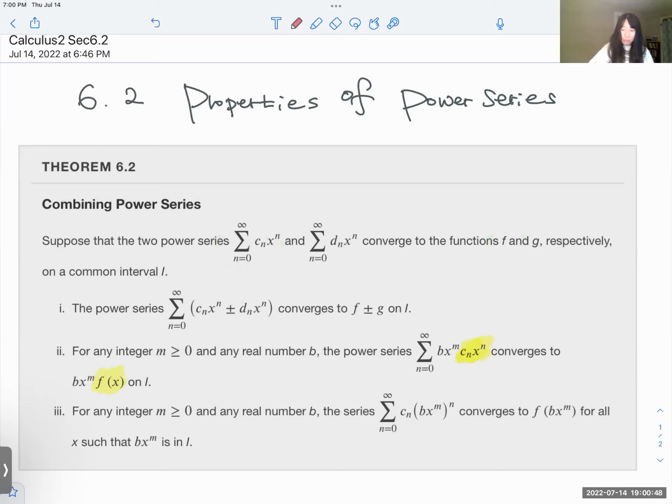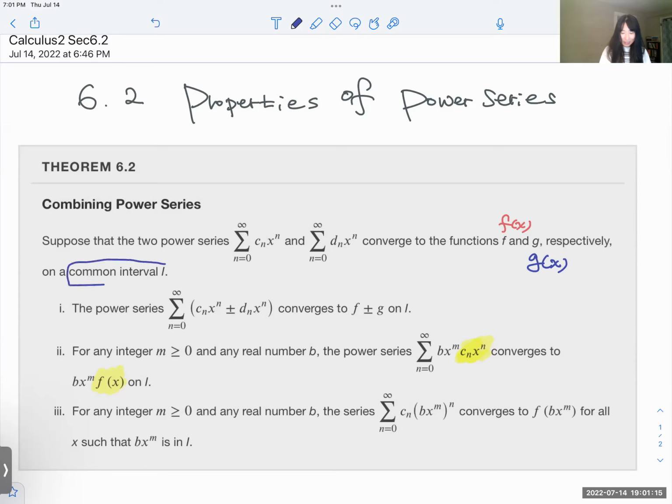f of x, and this series converges to g of x. All right, then they must have a common interval I, right?